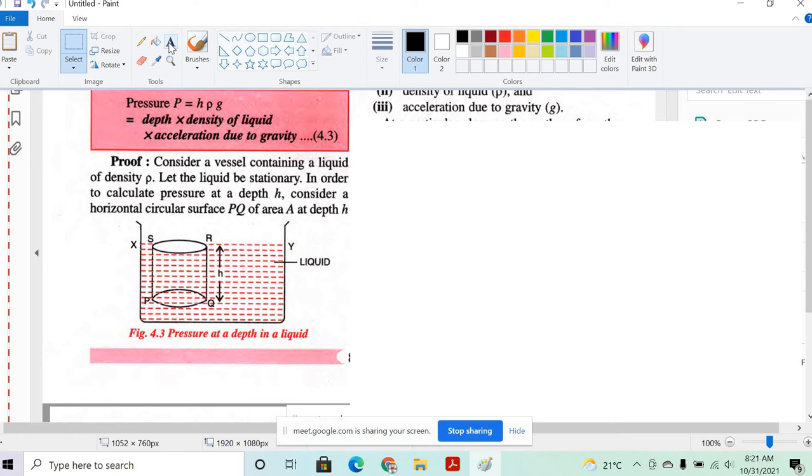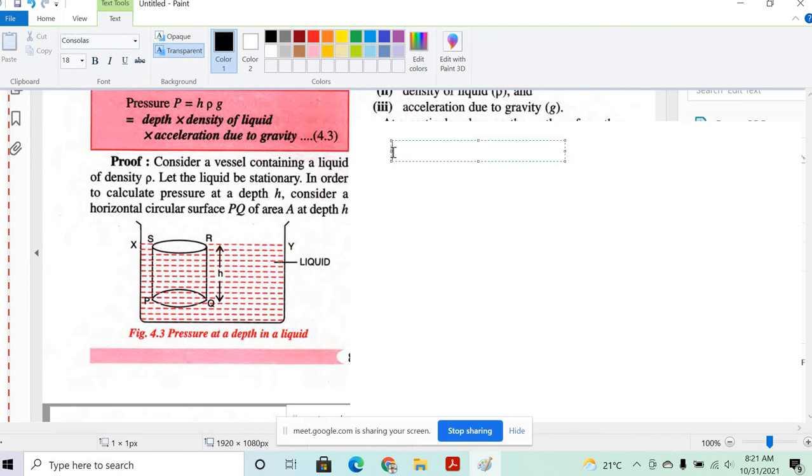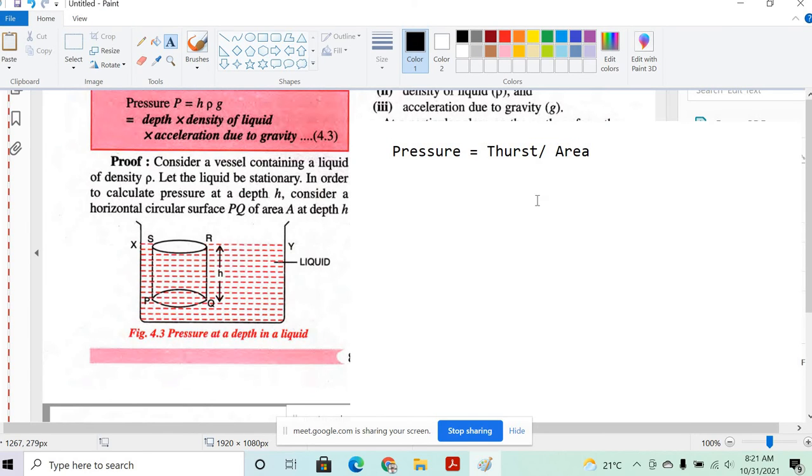As per our formula, we've seen that pressure is what? Thrust per unit area, isn't it? Yes, that's right. Thrust per unit area. Now what is thrust here?